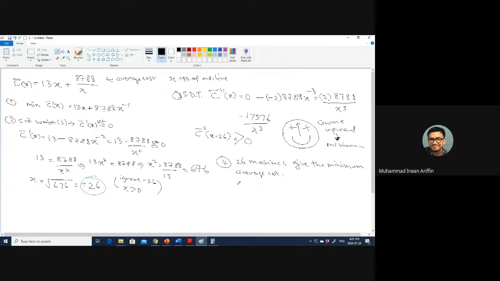Although it is not stated in the question, sometimes the examiner may ask you what the minimum average cost is then.